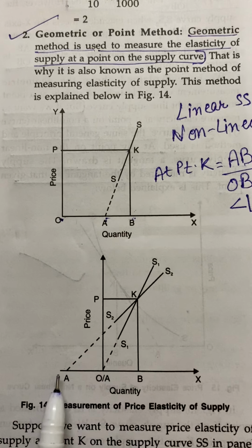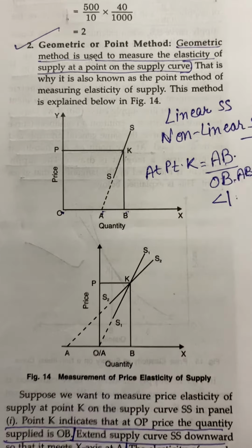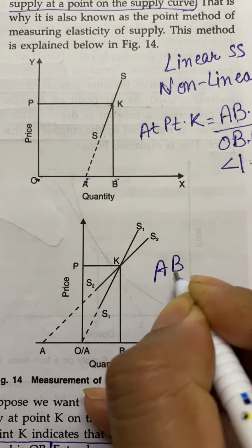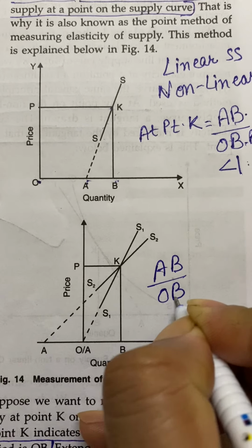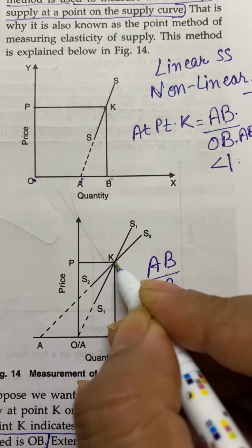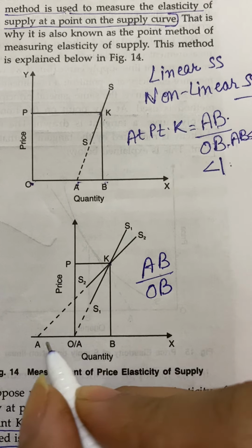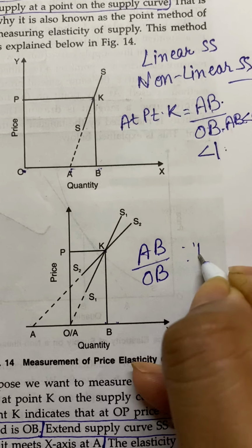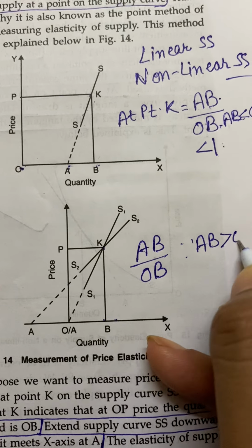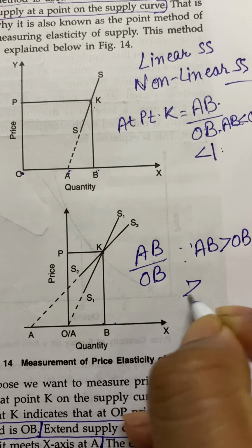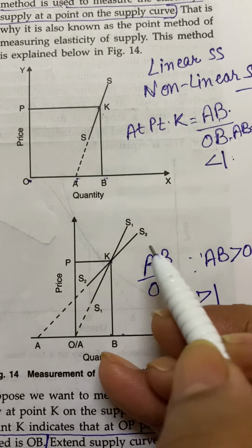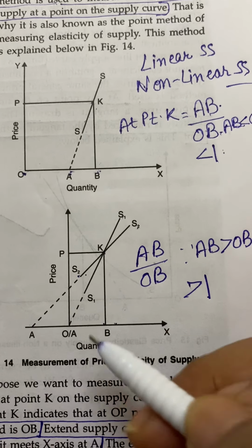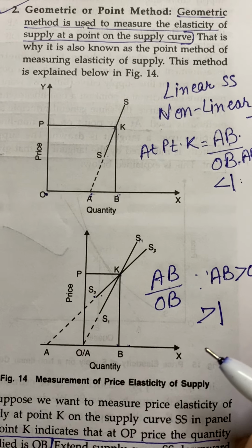Now in this case, AB is greater than OB. If we want to find out elasticity at this point, it will be AB divided by OB, and because AB is greater than OB, the degree will be greater than 1. So S2 has degree greater than 1 and S1 has degree less than 1.